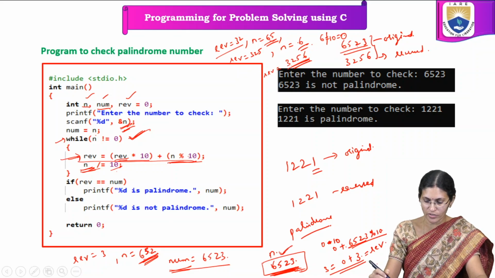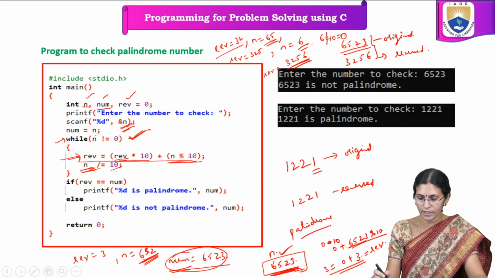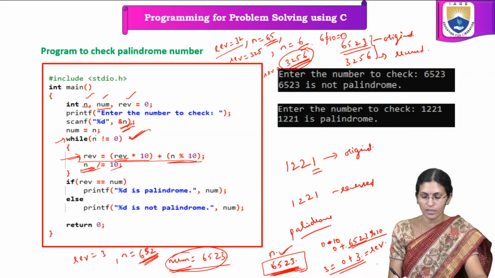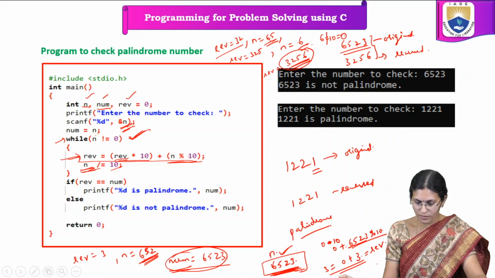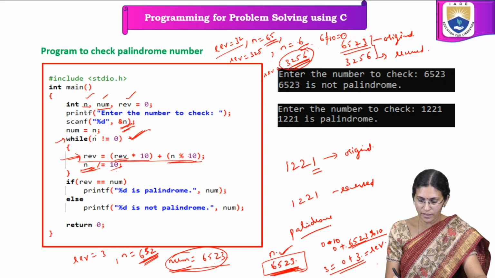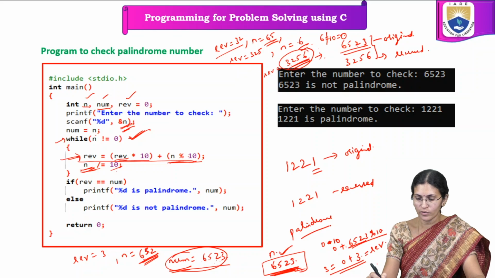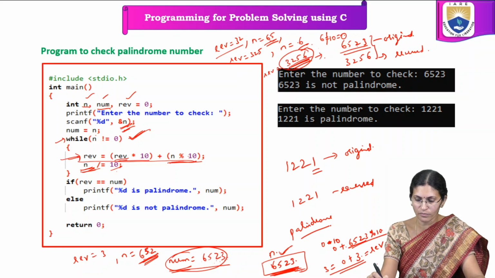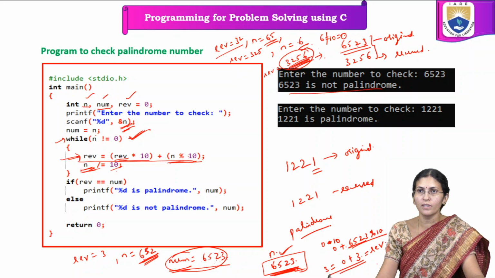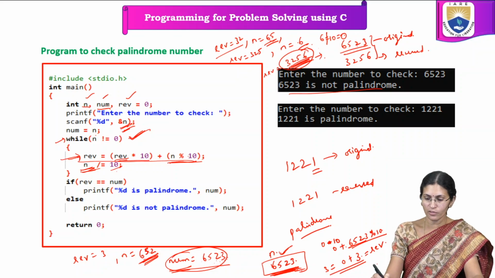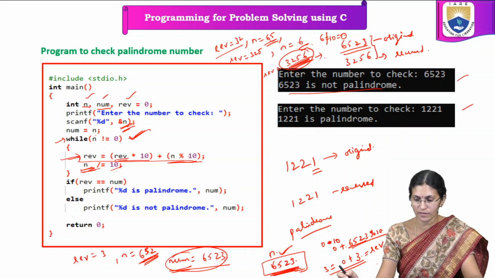So you can compare the original number, 6523, and the reversed number, 3256. Both of them are totally different. So the original number and reverse number are not the same, therefore this is not palindrome.